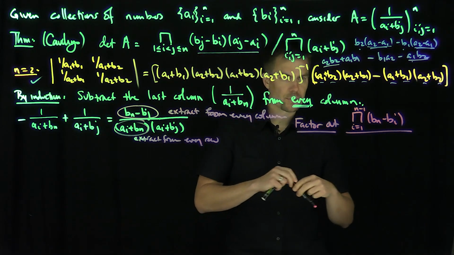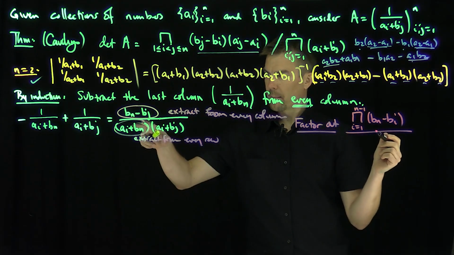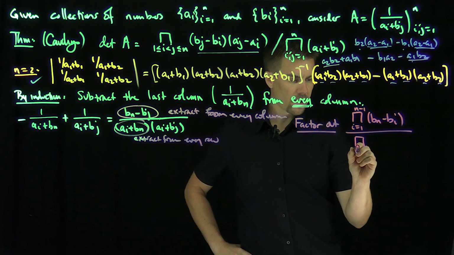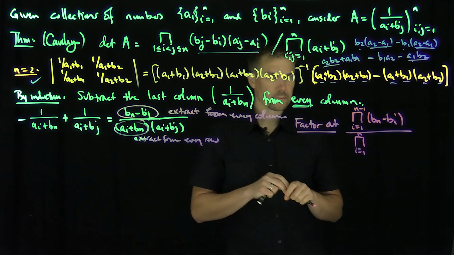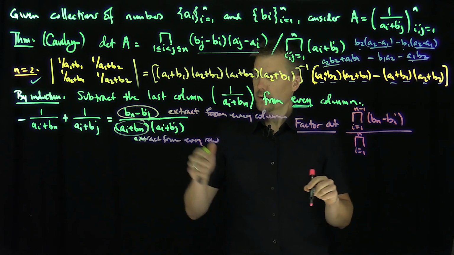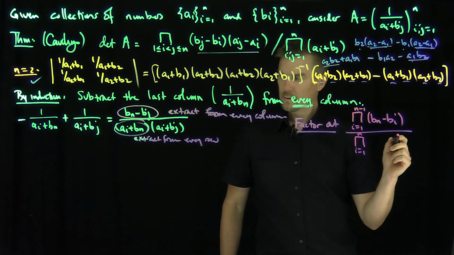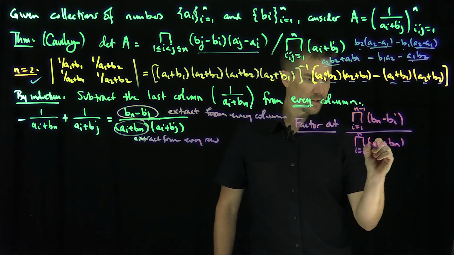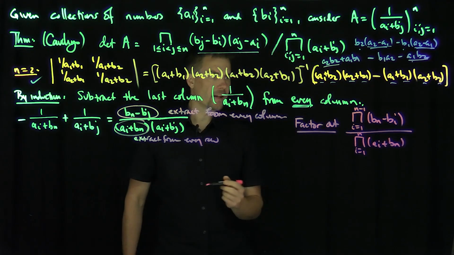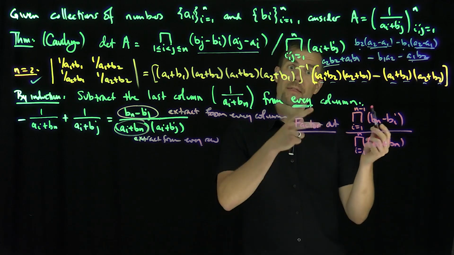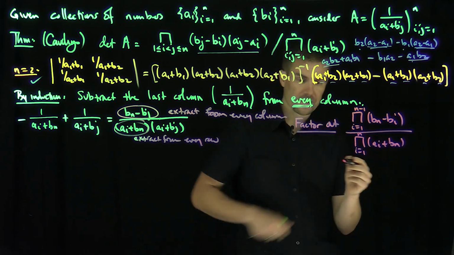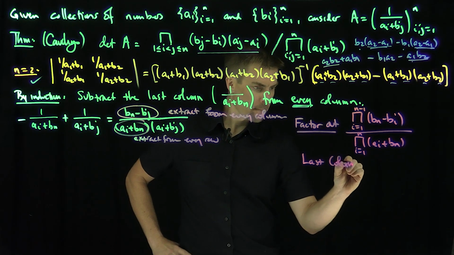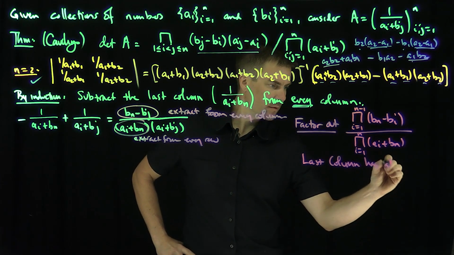So of course we have n rows, so we're going to have a_i plus b_n. So the product from all the rows, i goes from 1 up to n of a_i plus b_n. That's exactly the kind of terms we want. Good. And then times, if we factor this out, then the last column will have all ones in it.